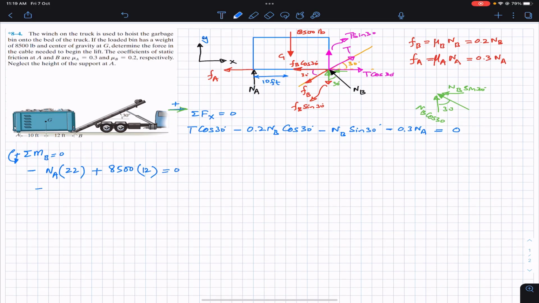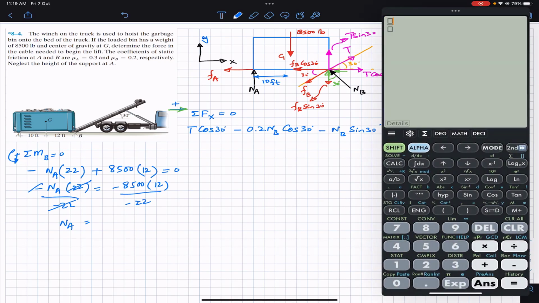So if we apply the summation of moment about point B, we get minus NA into 22 equals minus 8500 into 12. If we divide both sides of the equation by minus 22, this will cancel out and we will have NA equals 8500 multiplied by 12 divided by 22.